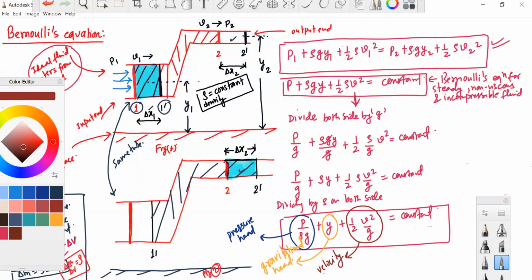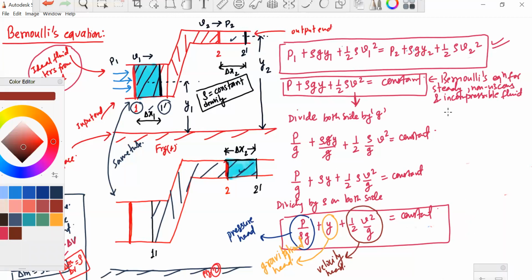So the sum of pressure head, gravitational head and velocity head is constant for steady, non-viscous and incompressible fluid. This is to be noted.